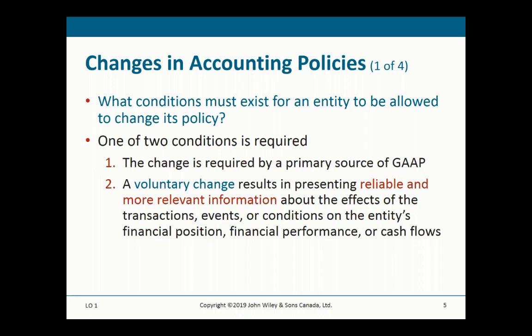And you're allowed to do that if it presents more reliable and relevant information to the users about the effects of the transactions, events, or conditions on the entity's financial position, financial performance, or cash flows. So under IFRS, it has to meet one of those two reasons in order to change an accounting policy. We do not want companies to be constantly changing their accounting policies because it's disruptive, and we want to make sure we have comparable information.